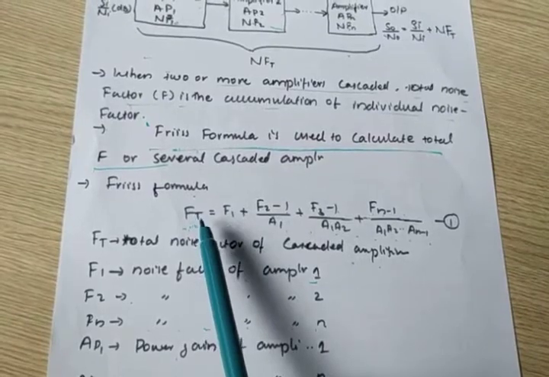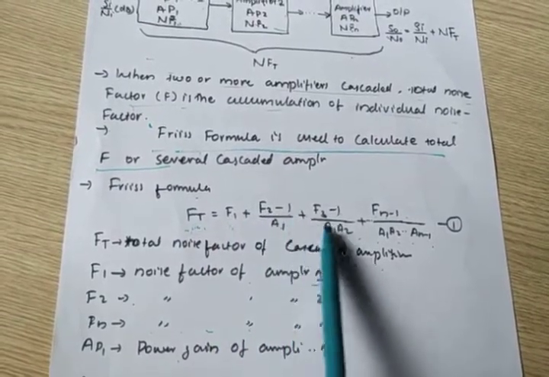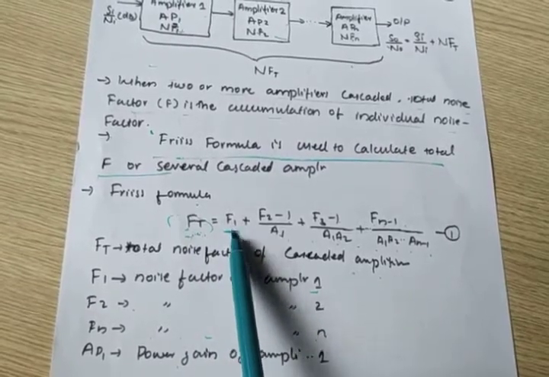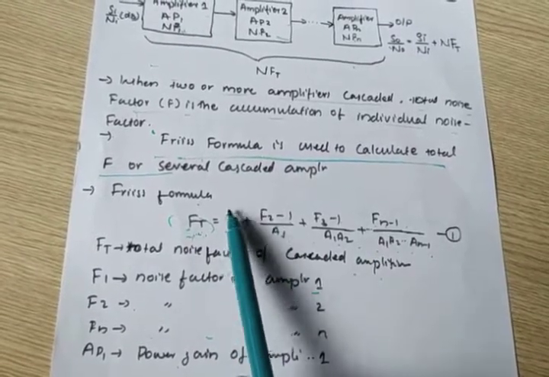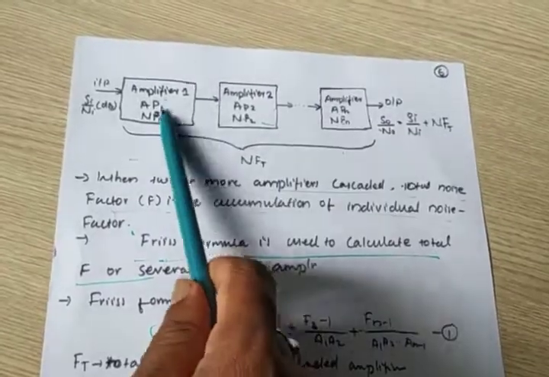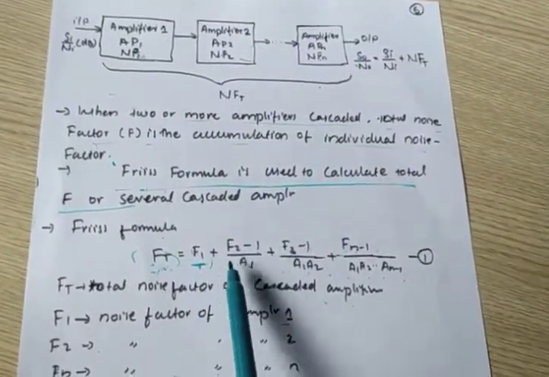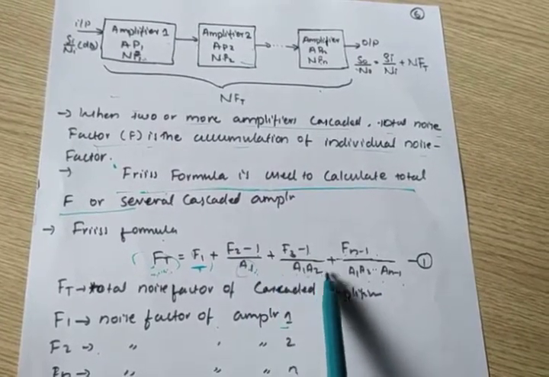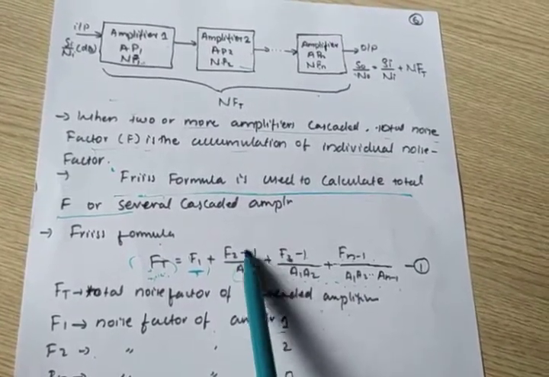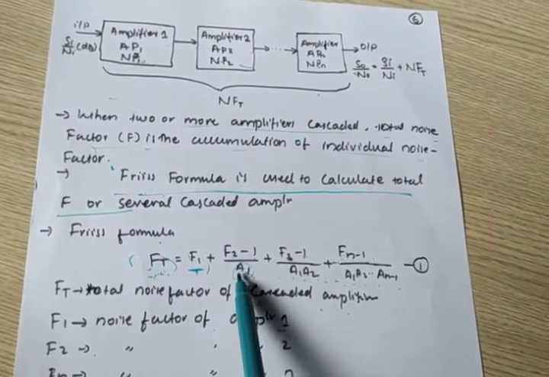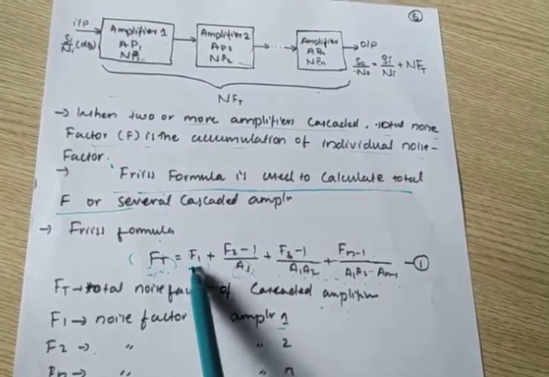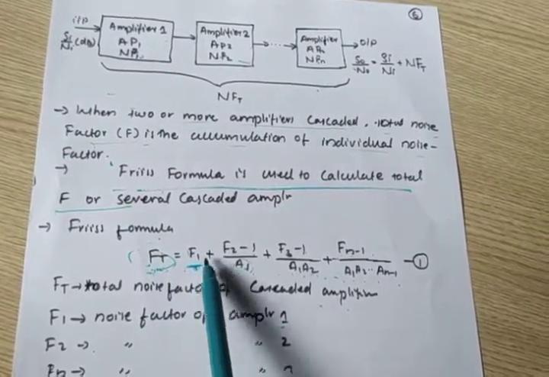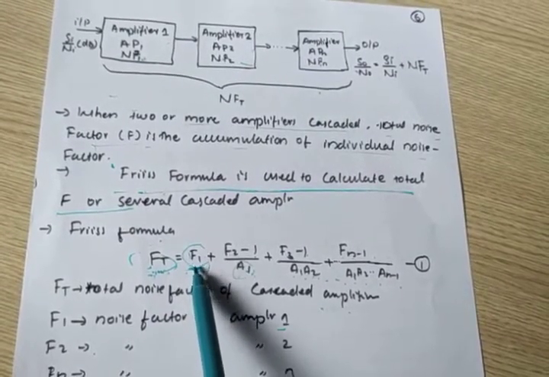Look at the equation Ft equals F1 plus (F2 minus 1) by A1, and so on. The total noise figure is mostly contributed by the first amplifier circuit, F1. Why? Because the remaining terms are subtracted by 1 and divided by the gains A1, A2, and so on, so the noise factor is divided by gain. But in the first term there is no division, so the total noise factor is mostly contributed by the first amplifier's noise factor.